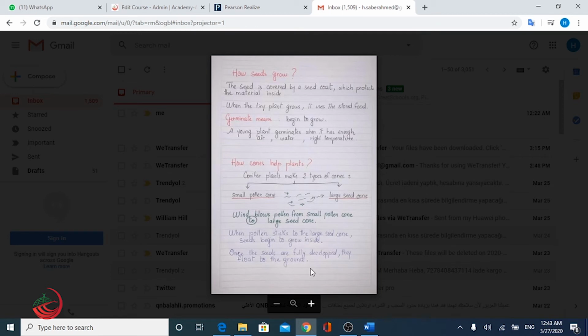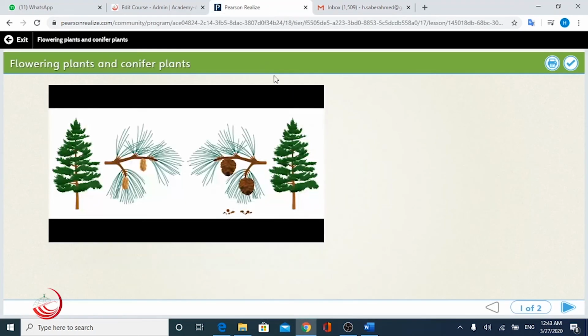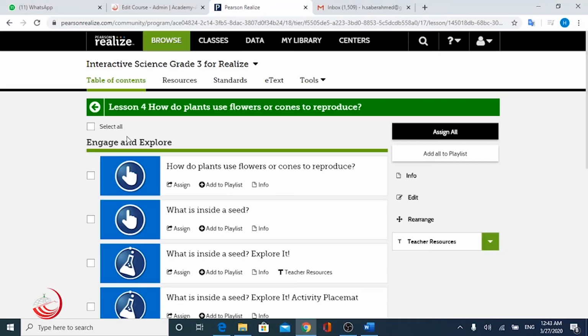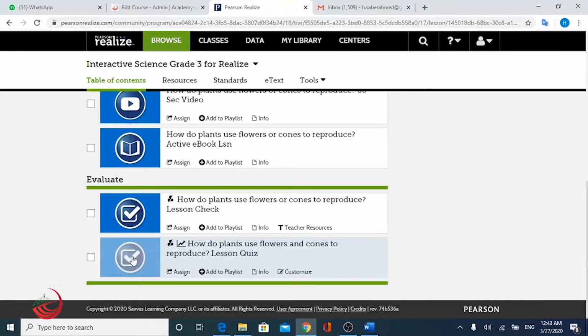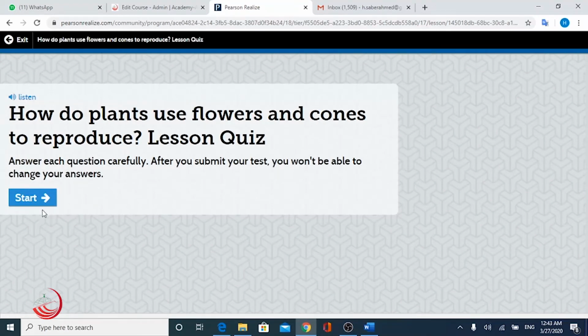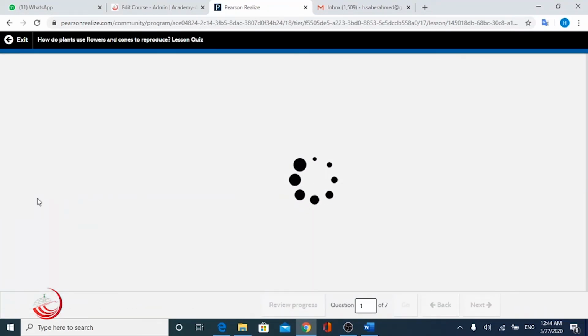Okay, this is all for lesson 4. I wish you absorbed all the information properly. And now it's our time to make a small check. Let's do it together. Are you ready? 1, 2, 3.